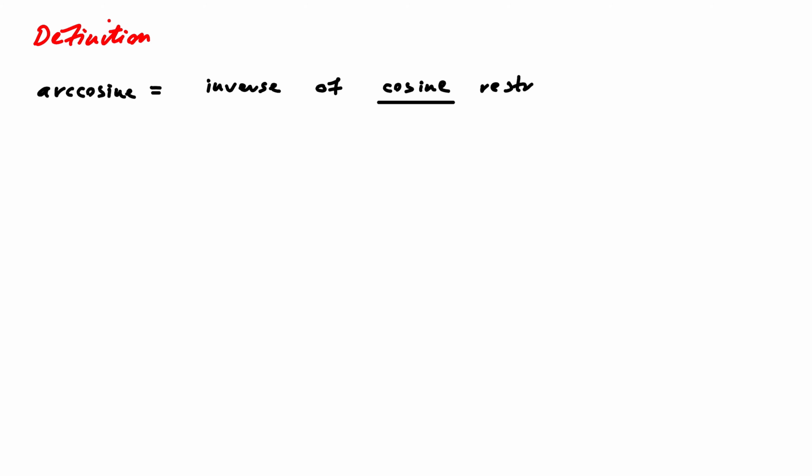Because we can't truly take an inverse because cosine is not one-to-one, but if I restrict it to 0 to pi, then it is one-to-one. This is arc cosine, perfect.